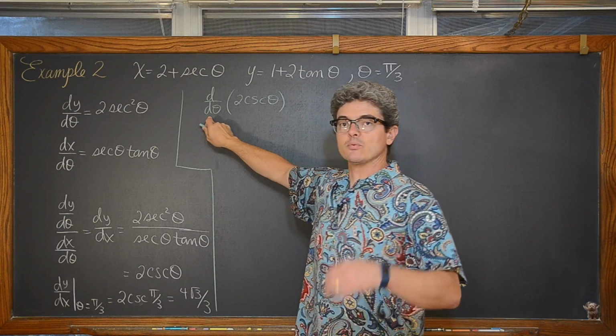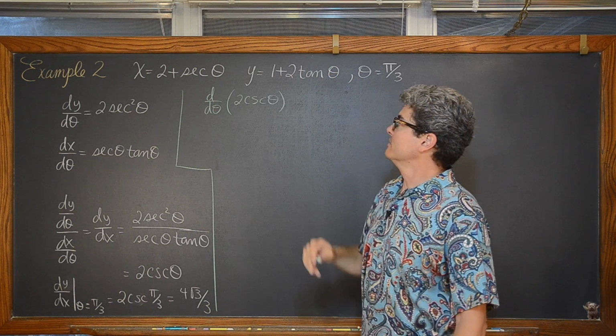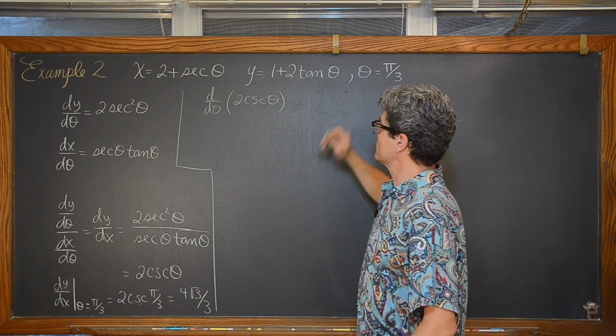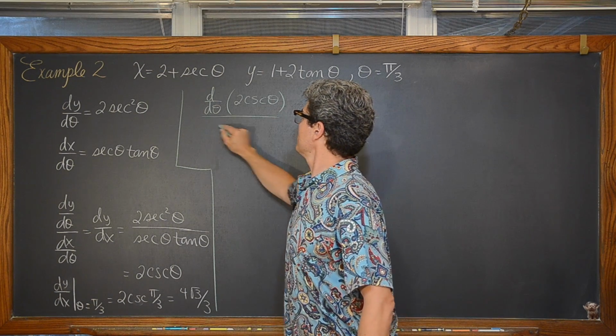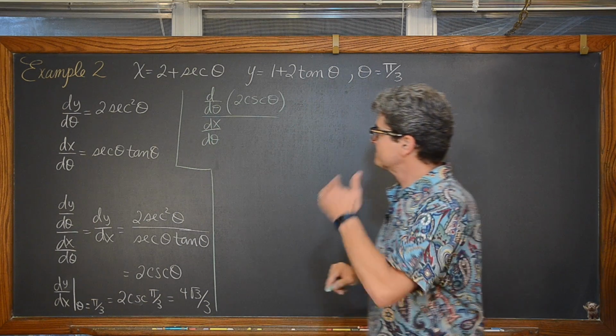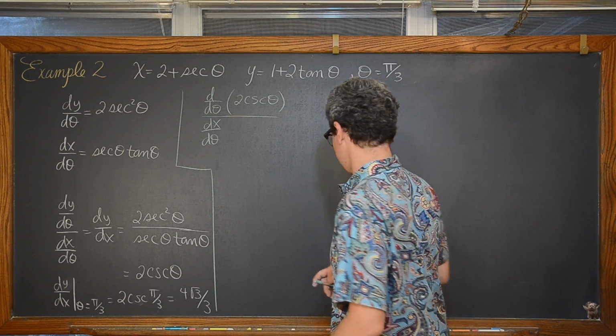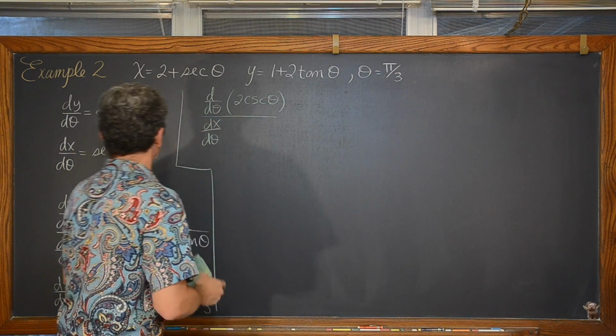So again, the derivative with respect to the independent variable for our parametric equations, usually it's t, but for trig functions it's theta, over dx d theta. Well, dx d theta is secant theta tangent theta.